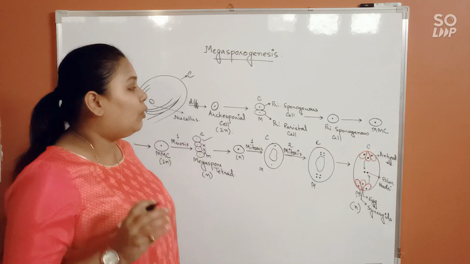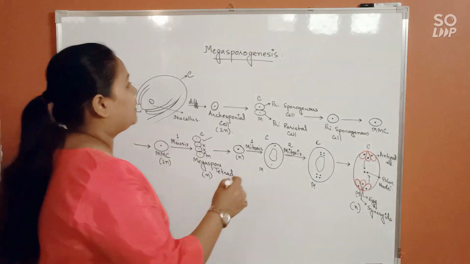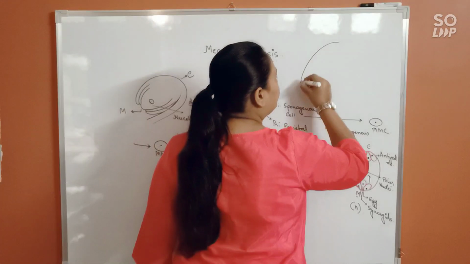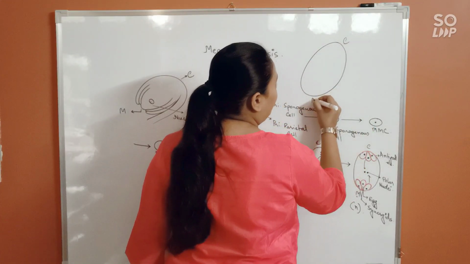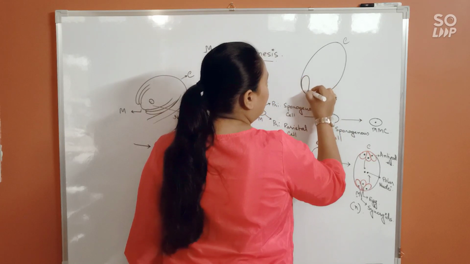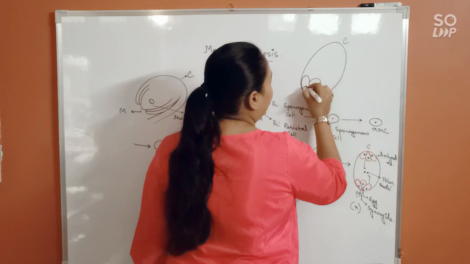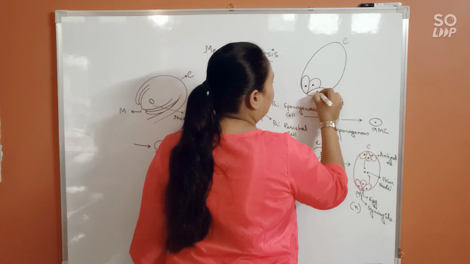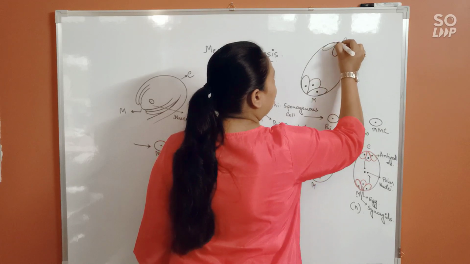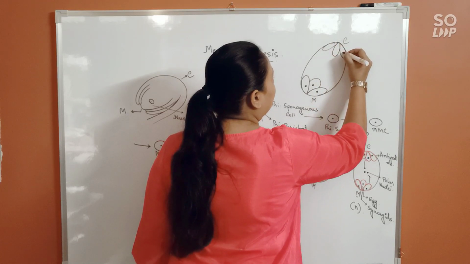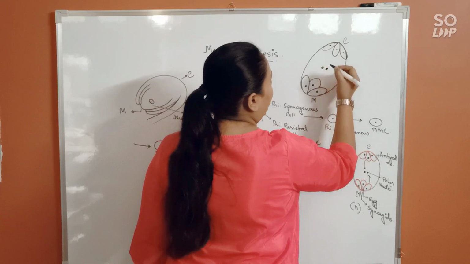Alright? Now, a very, very important thing that you should know is this. Suppose this is the embryo sac, this is the chalazal end, this is the micropylar end, this is the egg apparatus. These are the antipodals. And these are the polar nuclei, right?